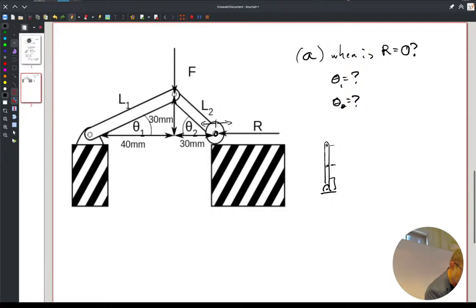So you want both of them to be 90. So if it rolls in, theta 1 is 90 degrees, so is theta 2. Like that? Theta 2 is off the ground. Yeah, so we can't break that constraint. It's got to stay on the ground. Flat? Sorry? Maybe L2 is your vertical?